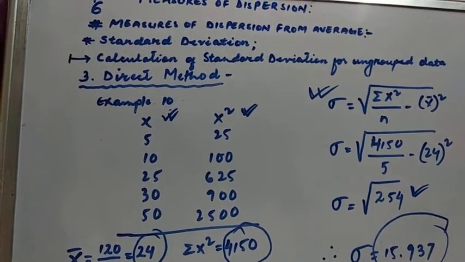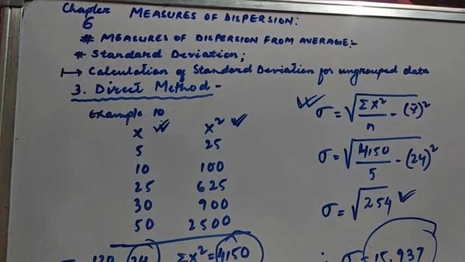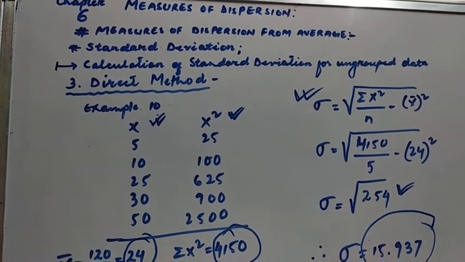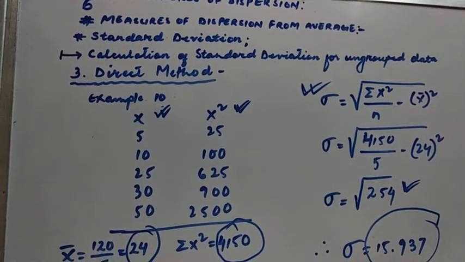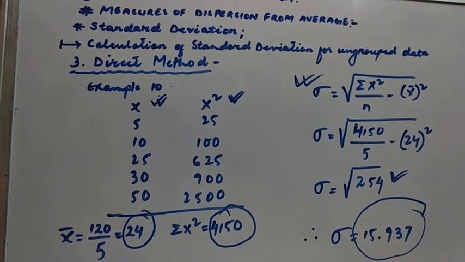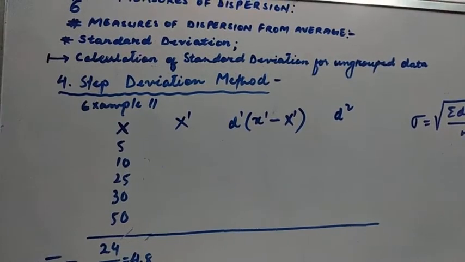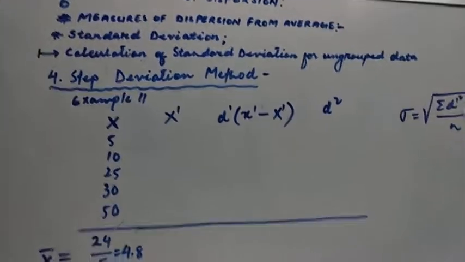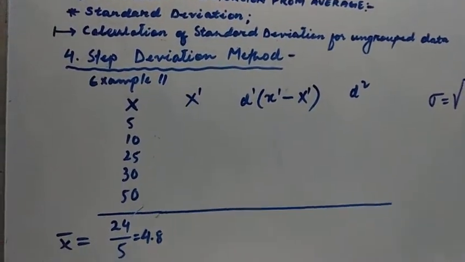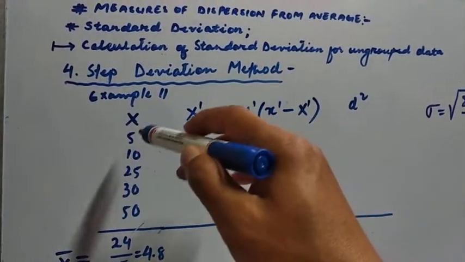The last method under standard deviation for ungrouped data is the step deviation method. We are using the same values here again.